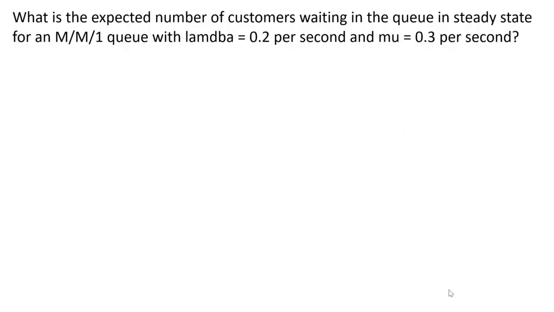Okay, so what's the expected number of customers waiting in the queue? Now, notice that I said waiting in the queue, not waiting in the system. So lambda is 0.2, mu is 0.3. So you have to use the L sub q, which is rho squared over 1 minus rho, which is also equivalent to, if you replace rho with lambda over mu, lambda squared over mu times mu minus lambda.